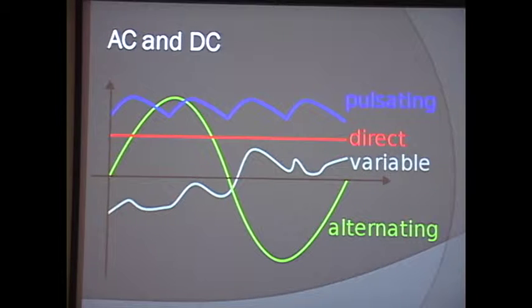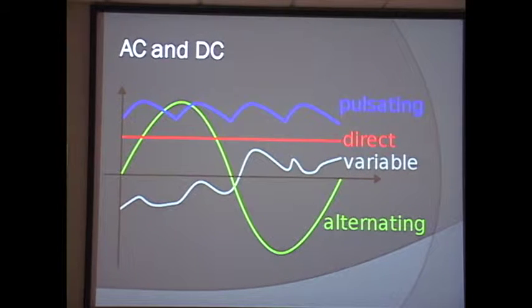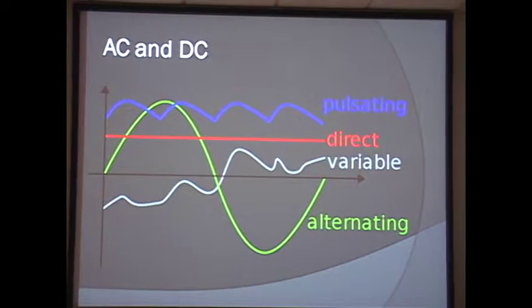Here are some examples. That direct current, the DC, the red line, is just constant. So it's at, what we'll say, plus 3 volts through that whole time, versus the AC, which oscillates back and forth between going one way and then going the other way.